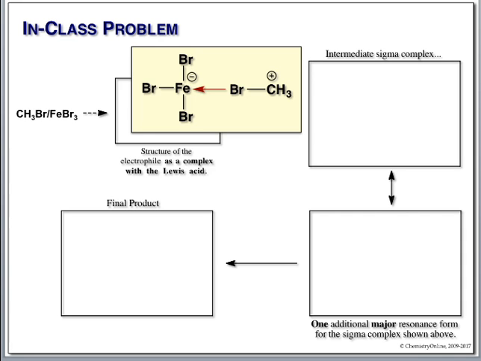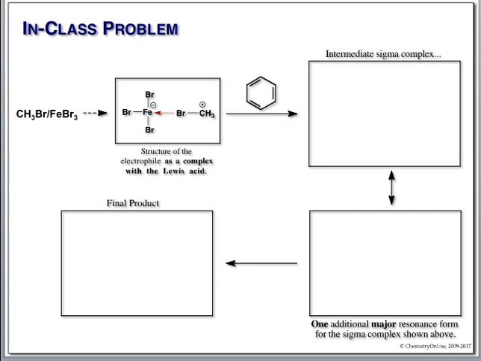On your exam, the chlorine would be bonded with the aluminum. Here I show the bromine bonded with the iron. This is the full complex, and this is what I would like you to put in the little box. When this forms, we put a great deal of positive charge on the alkyl group.